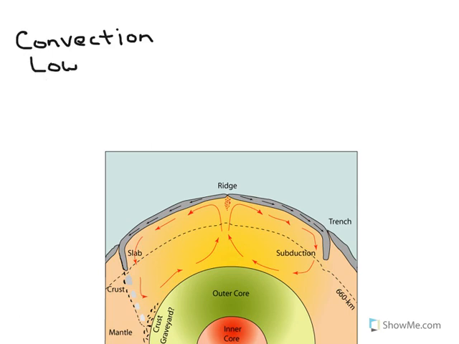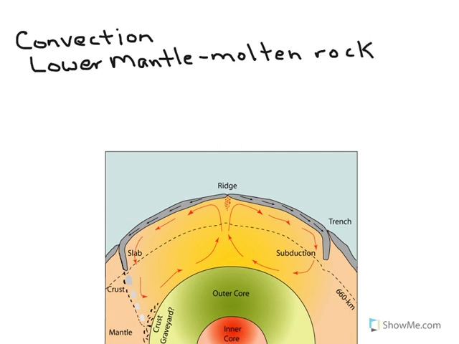And as we saw earlier, the lower mantle is where we have molten rock. So this molten rock is going to be able to move and flow, and that is the key to this convection.